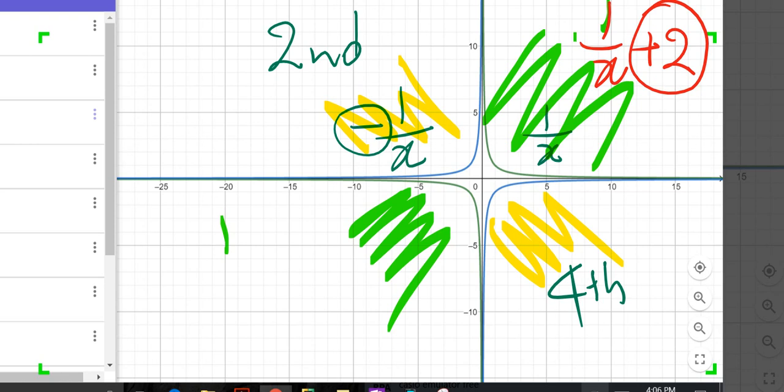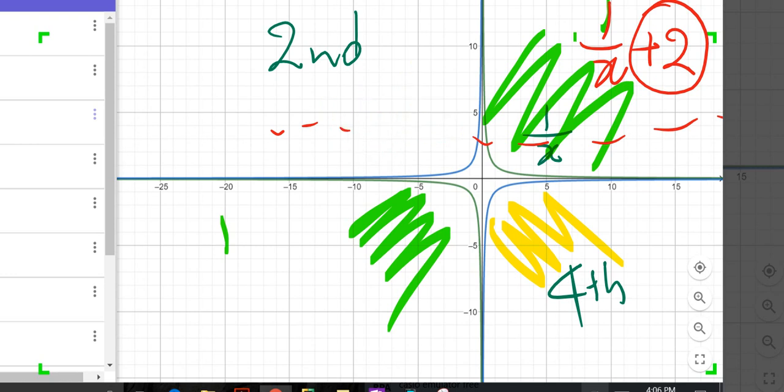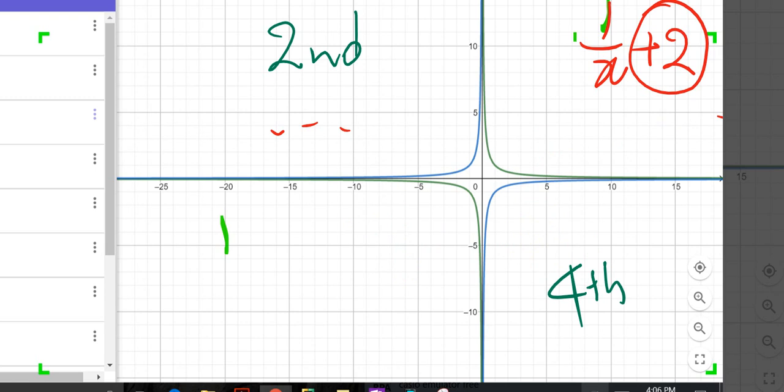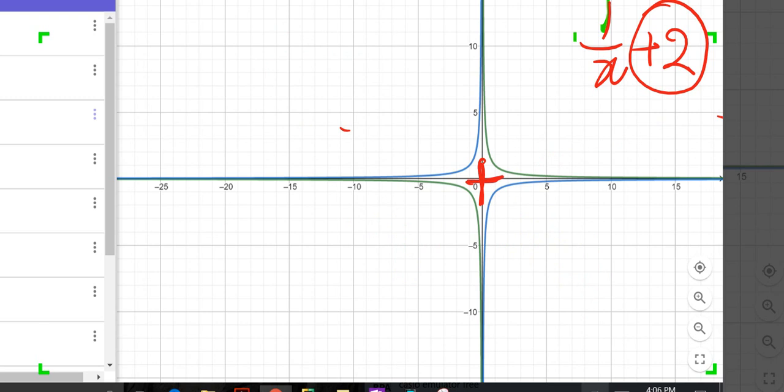That means I will go up somewhere here. My axis won't be that part anymore.